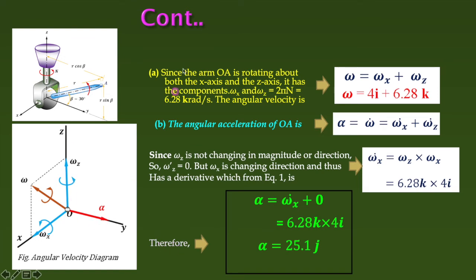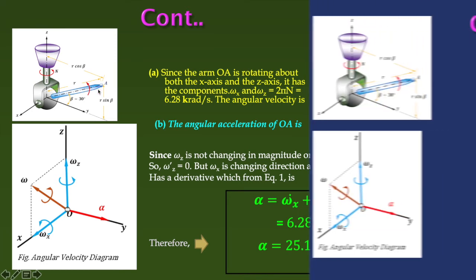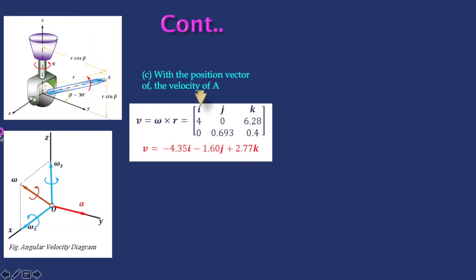So after having the angular velocity and angular acceleration, we have to find out the linear velocity and linear acceleration of point A. We know the velocity v equals omega cross r, and omega we have obtained as 4i plus 6.28k, and j is 0, and this r vector is in terms of j and k, and hence by the vector cross product we are getting the velocity equals this.